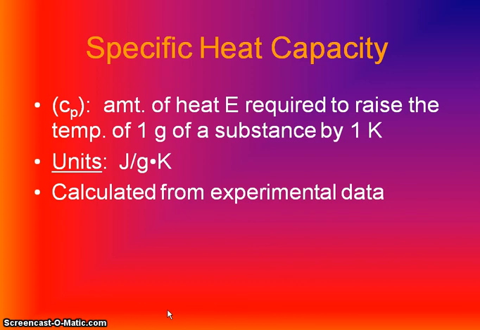So essentially, how much heat that something can hold before its temperature will change. The units are joules per gram Kelvin, and these values can be calculated from experimental data. You could calculate this in the lab. There are also tables in your textbook that give values of specific heat capacities of various substances.